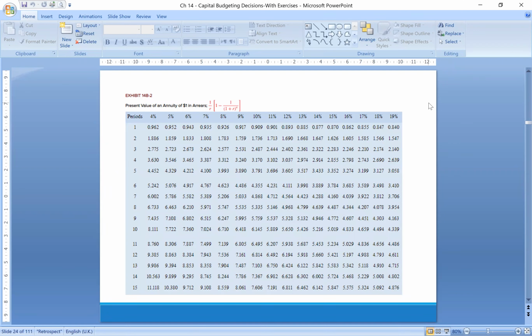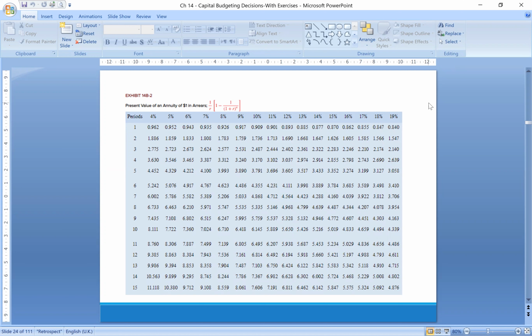For example, in our project, the cash flows: I'm waiting to receive more than one cash flow during the life of the project, so this is called an annuity. For an annuity, we will use table 14B2, which is the present value of an annuity.